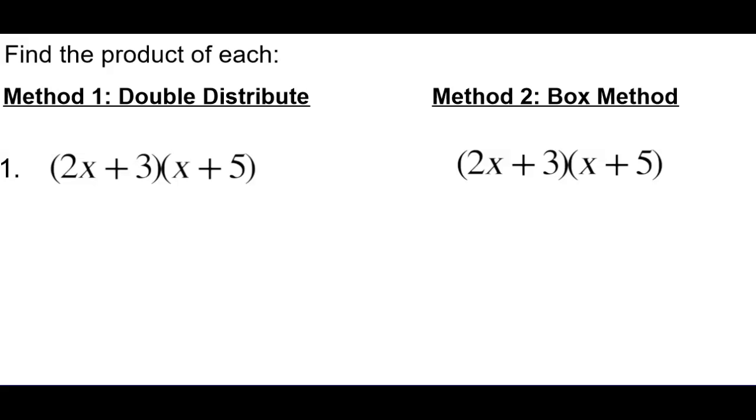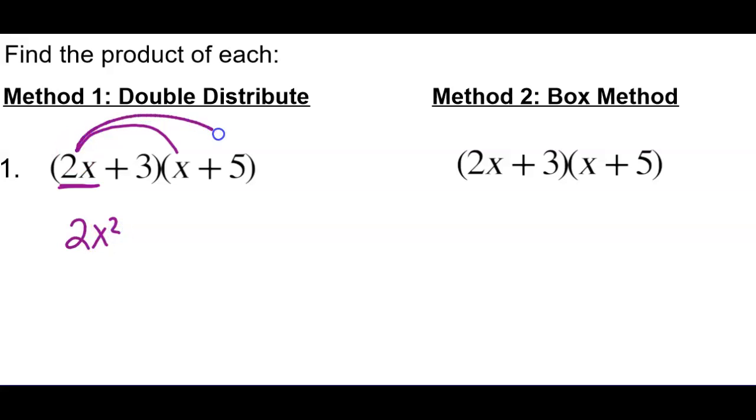So, just like when we multiplied a monomial by a polynomial, we're going to do distribution. So I'm going to multiply this first term here by everything on the inside of the second binomial. So I get 2x times x gives me 2x squared.